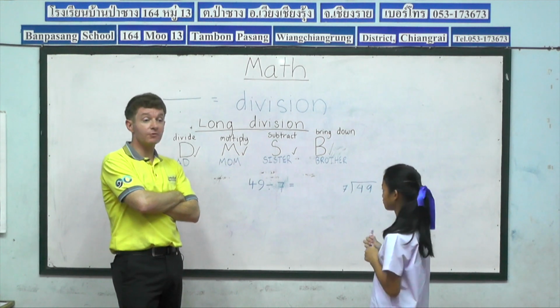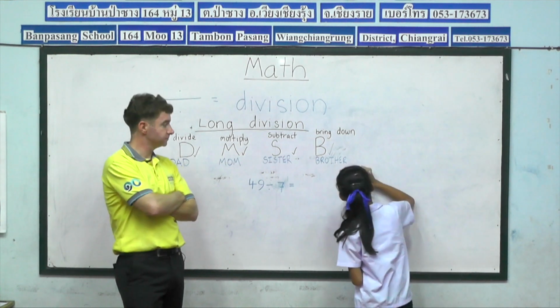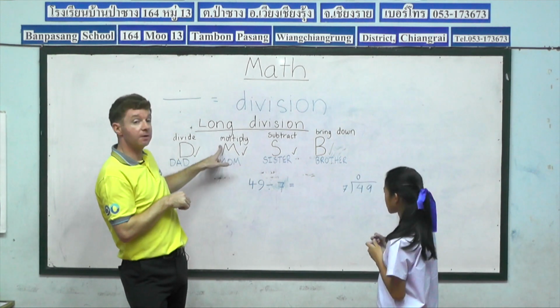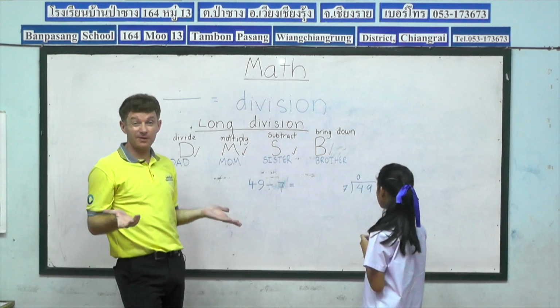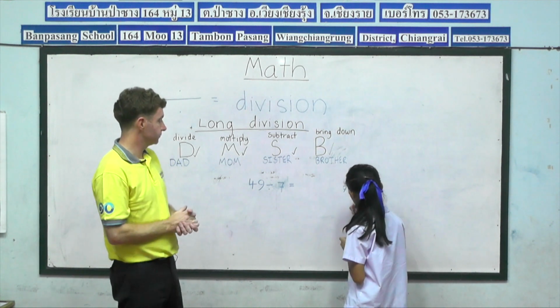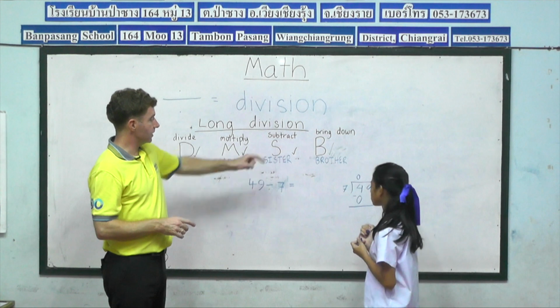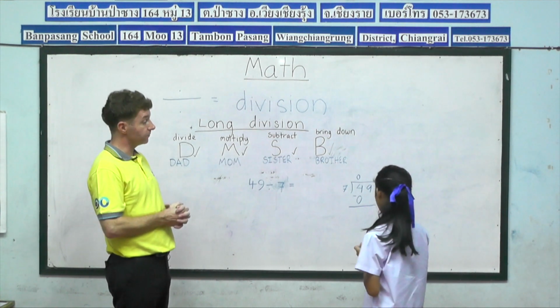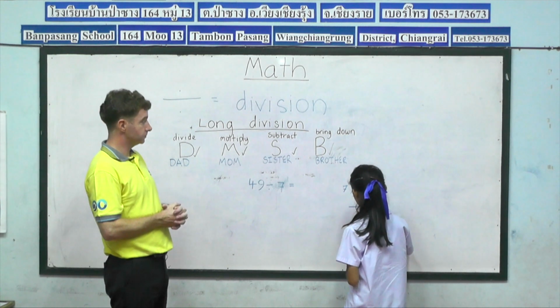Can't do, so what do we write? 0. And now, 0 multiplied by 7. 0. Whenever we multiply by 0, the answer is always 0. Our next step, subtract. 4 minus 0 equals 4.